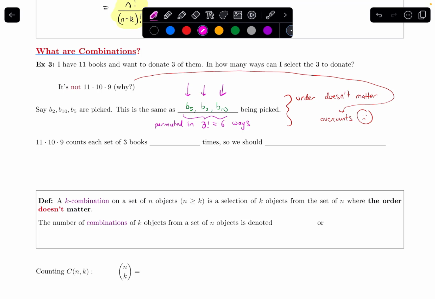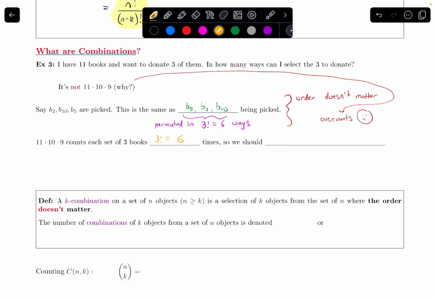Okay, so the issue with 11 times 10 times 9 is it considers these 2 orders and all the different ways of permuting them as being different. It's counting them as different when they're actually all the same. So it's counting each set of 3 books 3 factorial, which is 6 times. We are overcounting by a factor of 6.